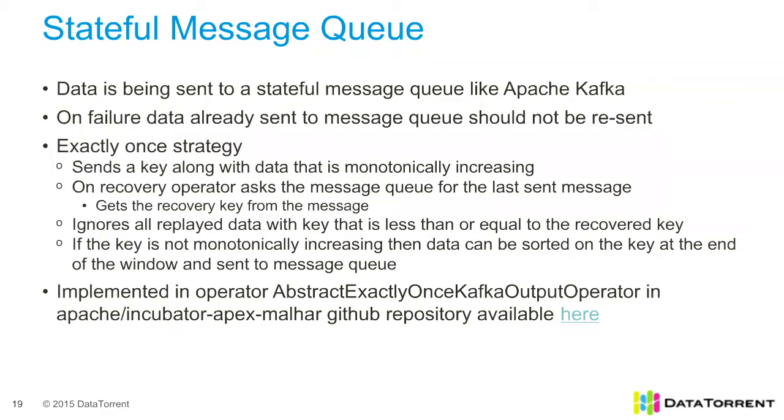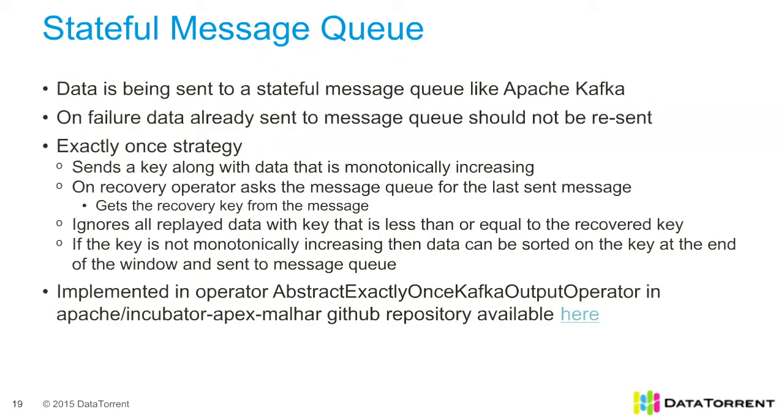For the data that's replayed from the checkpoint, it will ignore all the data where the key is less than or equal to the recovered key. And it'll only start writing data when the key that's coming in is greater than the recovered key.